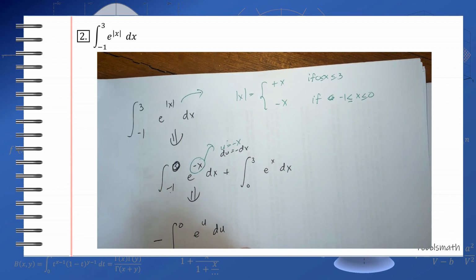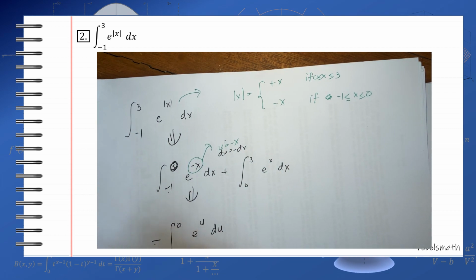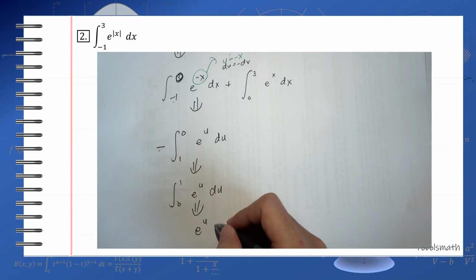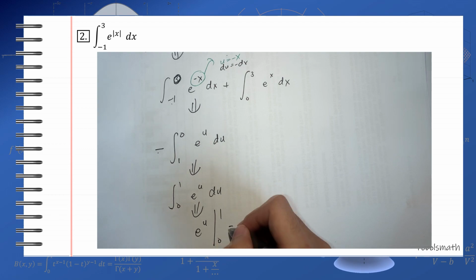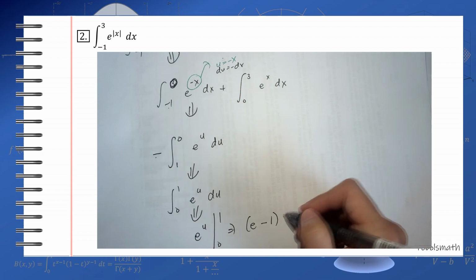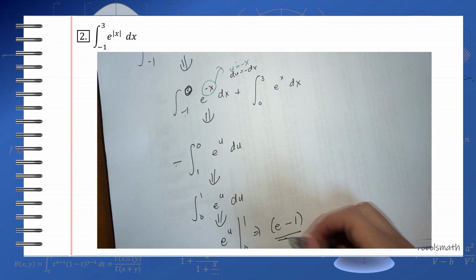Because there's a negative here, we can just switch the limits, 0 to 1, e to the u du, which gives us e to the u evaluated from 0 to 1, and it's equal to e minus e to the 0, which is 1. So that's the first part.